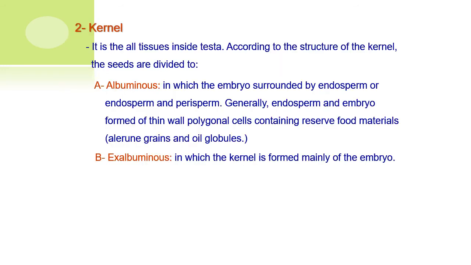Inside the testa or the seed coat we have the kernel structure, which is formed of the endosperm and embryo. If we have endosperm, the seed is described as an albuminous seed, in which the embryo is surrounded by the endosperm or endosperm and perisperm.